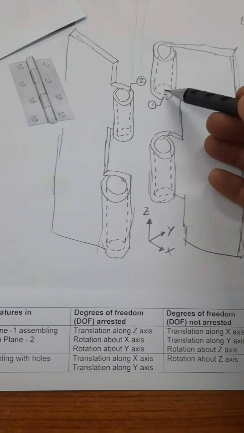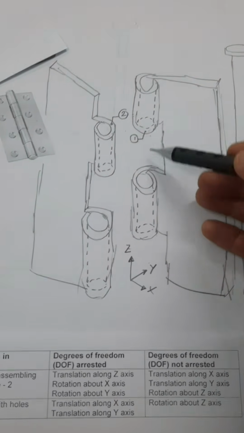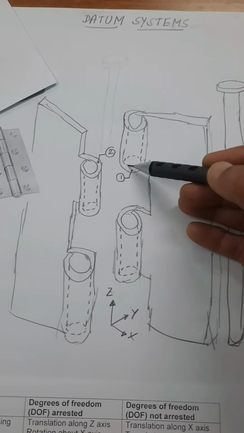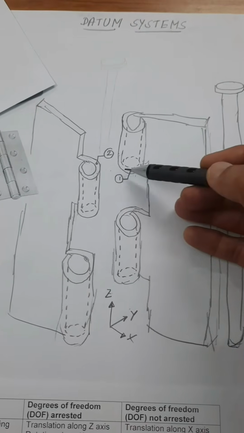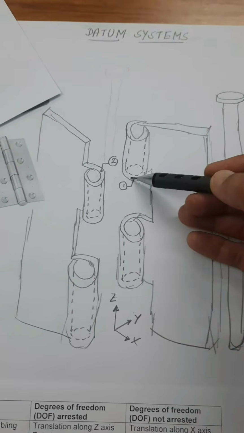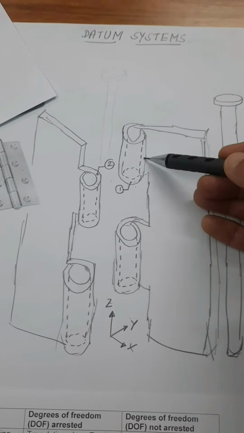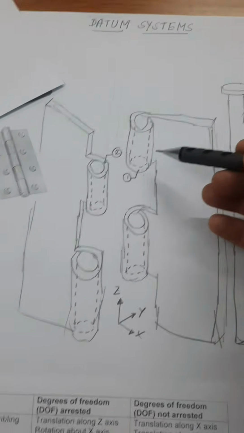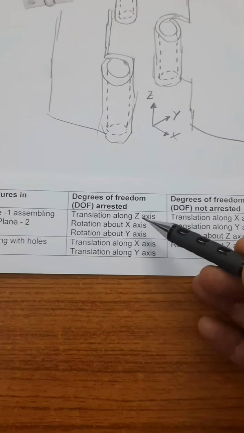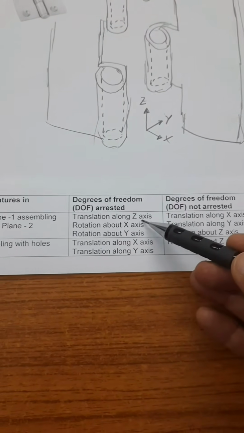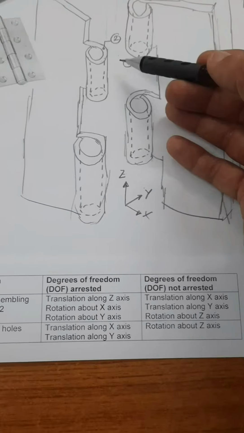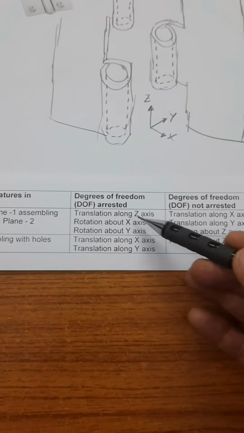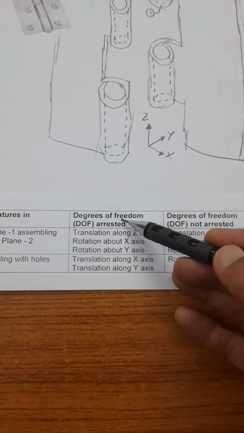Once you try to move this leaf in the vertical direction, that is the z-axis, the contact between surface 1 and surface 2 is getting lost. So you cannot move the leaf 2 without losing contact between the two surfaces. So translation along z is arrested upon placing datum plane 1 over datum plane 2.